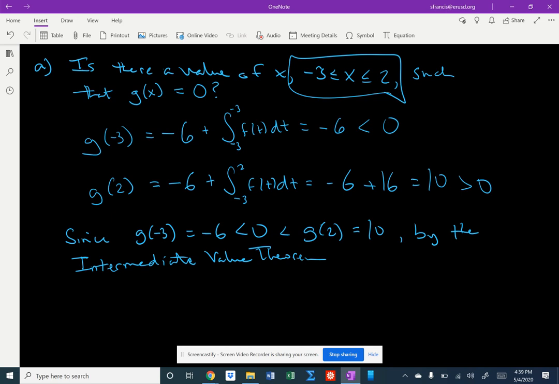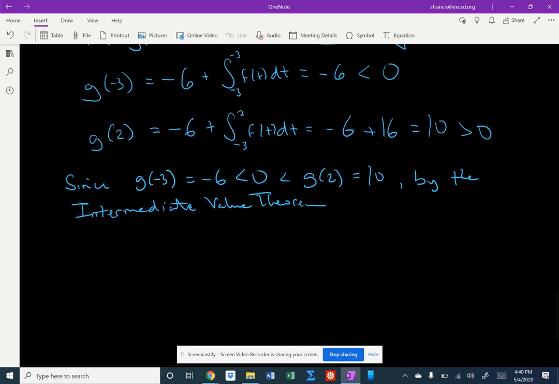I don't know for sure. If you're running out of time, at least do the abbreviation rather than nothing at all. But I would try to spell it out. Anyways, by IVT, there is a C in the open interval -3, 2, such that G of C is equal to 0.